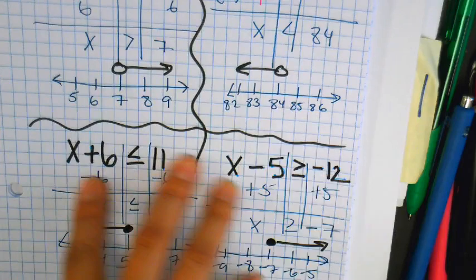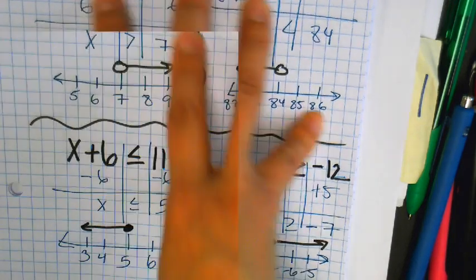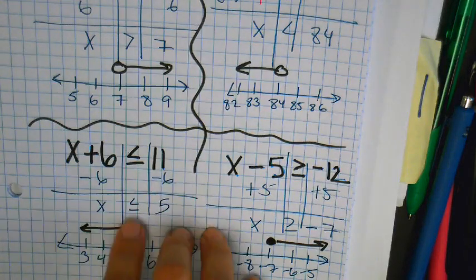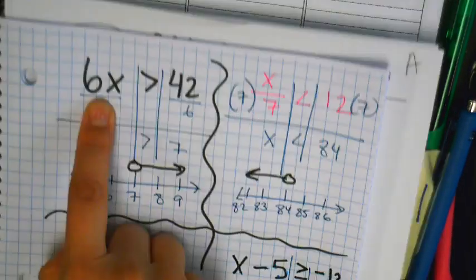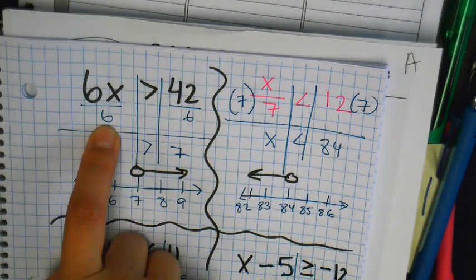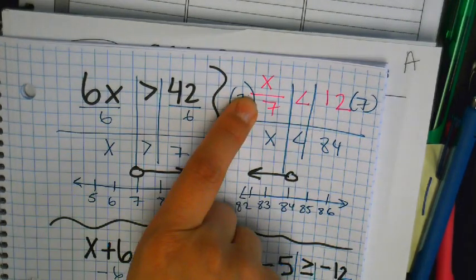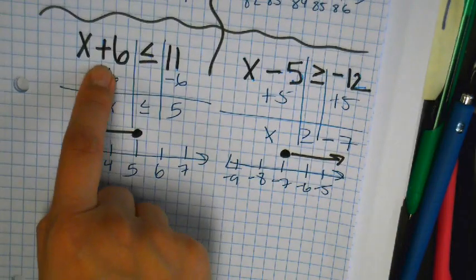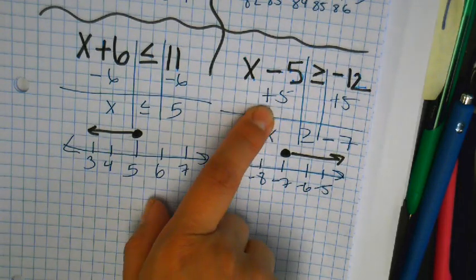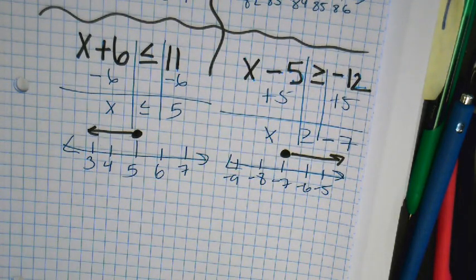So if you understand, when it looks like this, I divide. When it looks like a fraction, I multiply. When it has an addition sign, I subtract. And when it has a subtraction sign, I add. If you understand that, you have a good foundation that we're going to build upon.